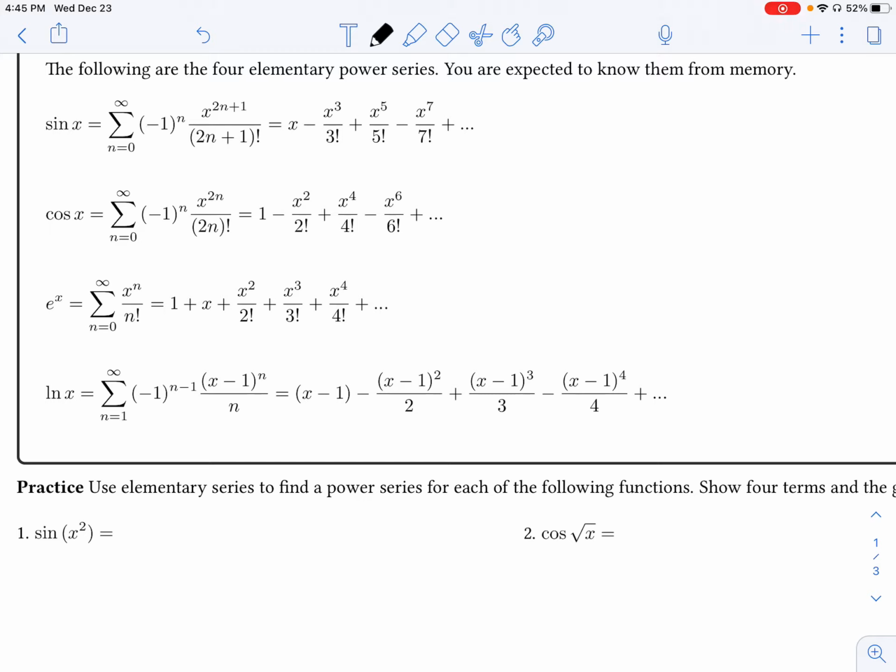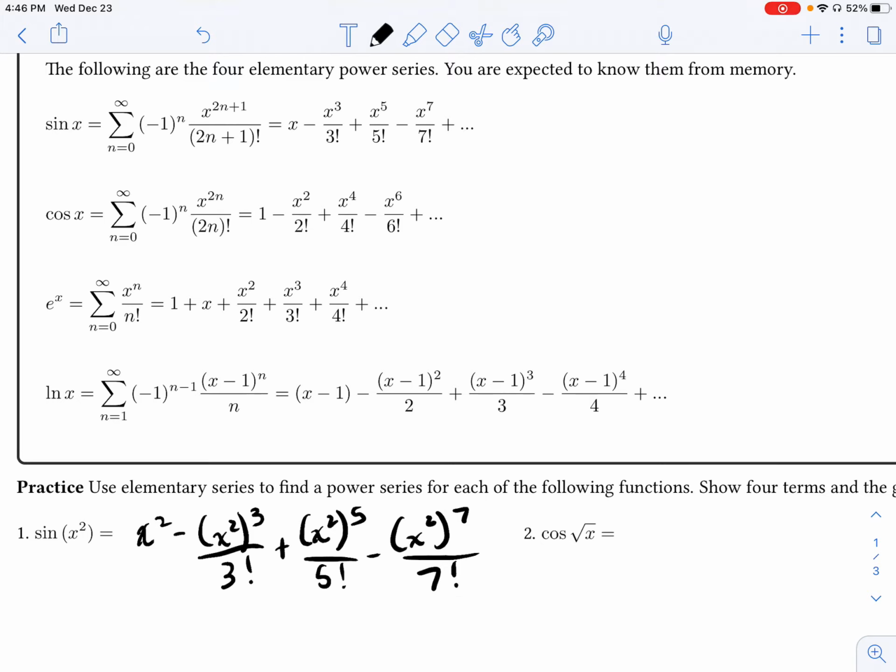Normally we would write x minus x cubed over 3 factorial. But in place of the x, we're going to write x squared minus x squared cubed over 3 factorial, plus x squared to the fifth power over 5 factorial, minus x squared to the seventh power over 7 factorial, and so on.